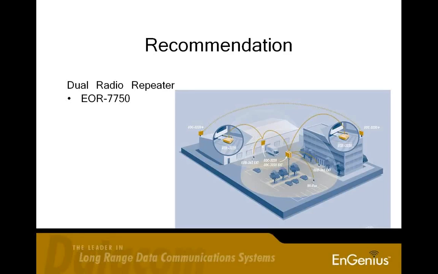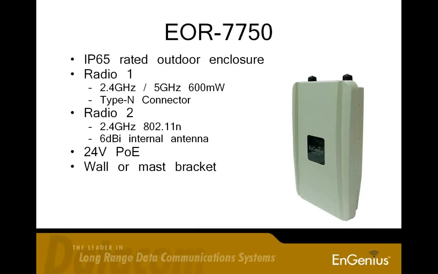Now with the EOR Sony 750, because it's a dual radio repeater, one radio will be acting as the backhaul to communicate with other EOR Sony 750s only, while the other radio allows communication to your wireless clients, as seen here, such as a Wi-Fi phone and laptops and other types of Wi-Fi devices.